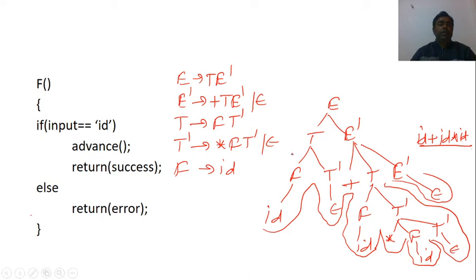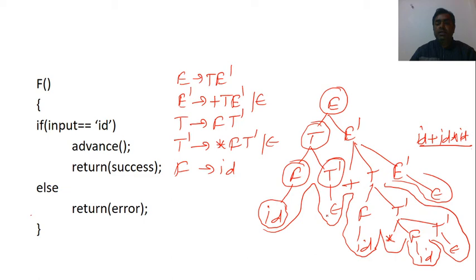Now how are we checking whether the string is accepted or not? First this E will be called, then this T will be called, then inside this T, F will be called, and when I get this ID, after that we will call T prime, then I am getting empty, then we will go to this point, then E prime will be called, then I am getting plus here, so this is the terminal, then we will call T, then F will be called, then we will check that this ID is accepted, yes, then we will go to the top, and then this T prime will be called, then after T prime we will call what?